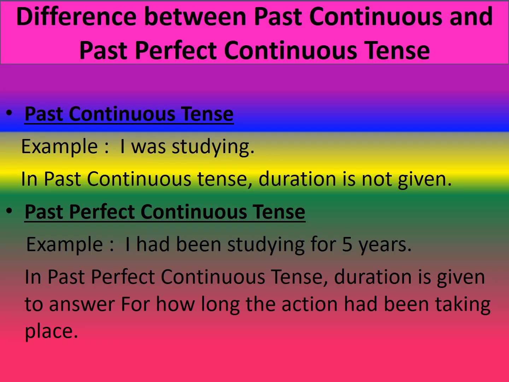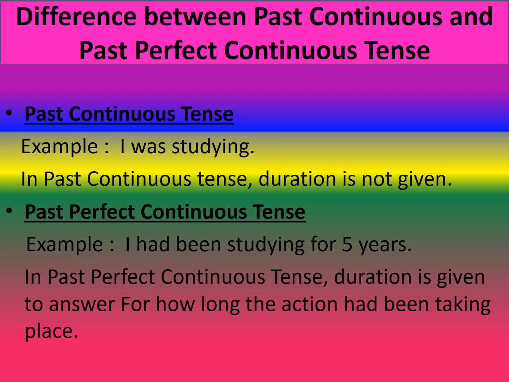Now students, you must know what is the difference between past continuous and past perfect continuous tense. Because in gap filling, I have seen often students make mistakes here. See, in past continuous, we say I was studying. In past perfect continuous, we say I had been studying for 5 years.